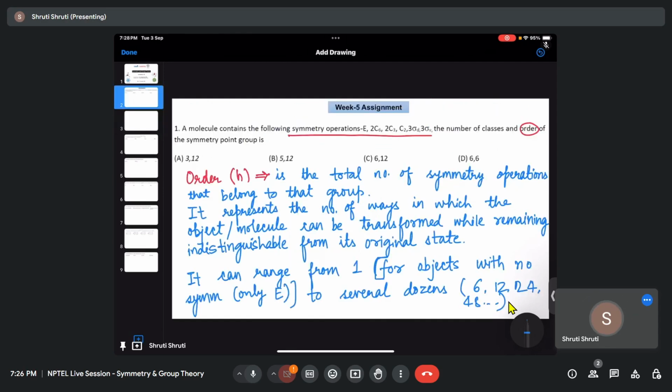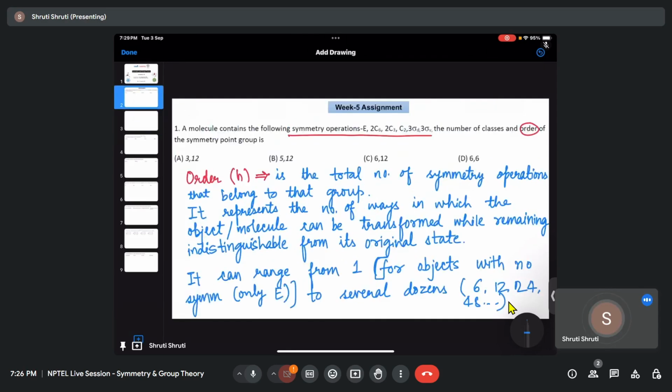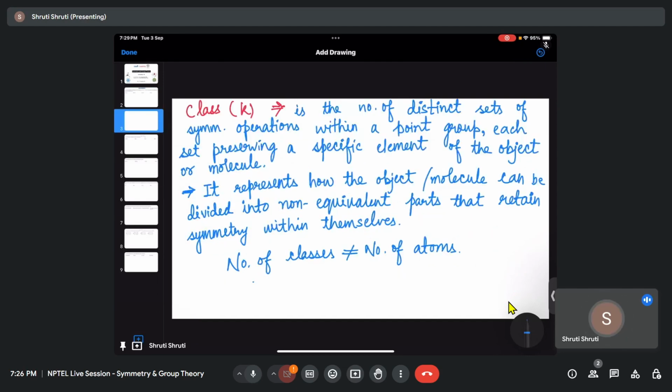So for this molecule, the distinct sets of symmetry operations are E, C6, C3, C2, sigma D and sigma V. So for this point group, class is equal to 6.